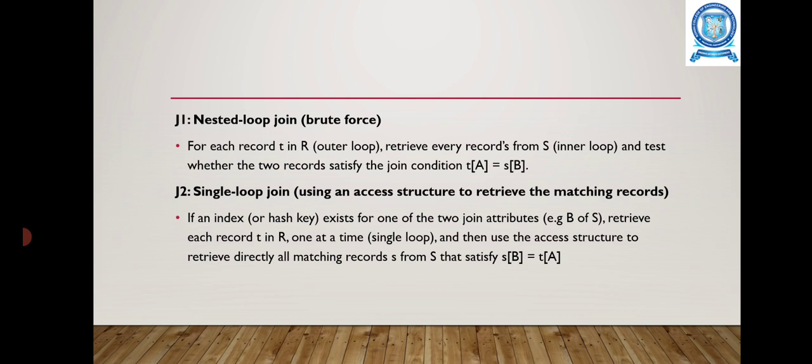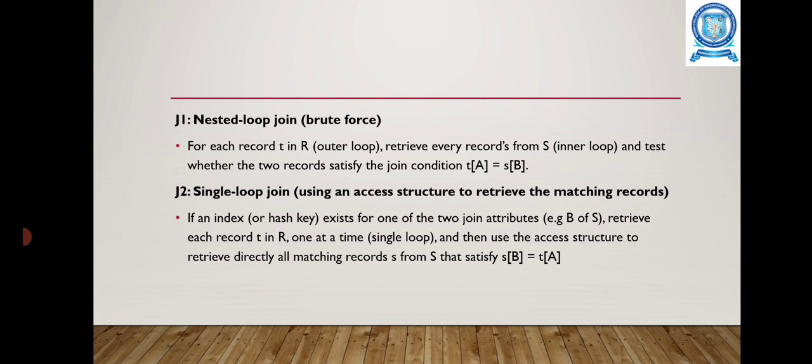First one is the join operation, nested loop join. For each record T in R, that is the outer loop, retrieve every record from S, that is the inner loop, and test whether the two records satisfy the join condition, that is T of A equals S of B. Next one is J2, a single loop join.